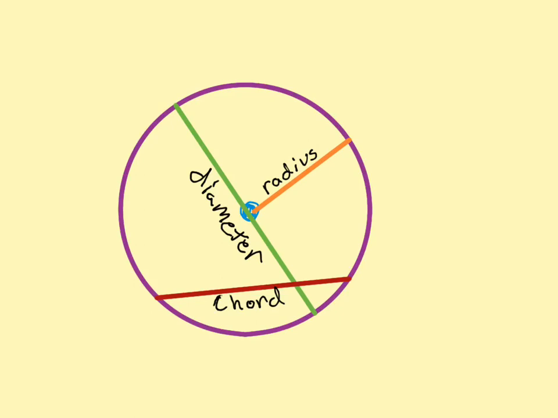And if I have a piece of the circle, so let's say I have this piece from there to there, that is called an arc. And I believe that's all we really need to know. We've got the circle, we've got the center. I didn't label the center, but we'll do that right now.